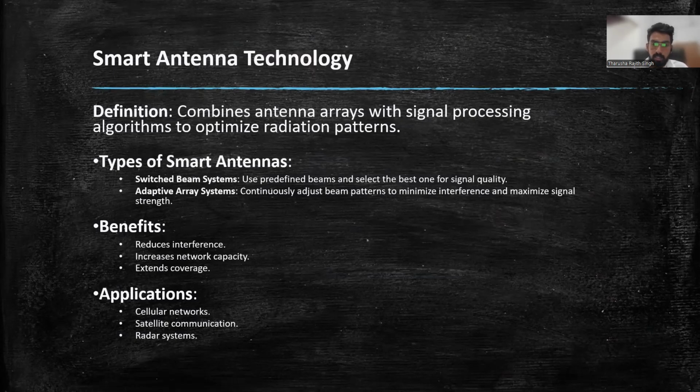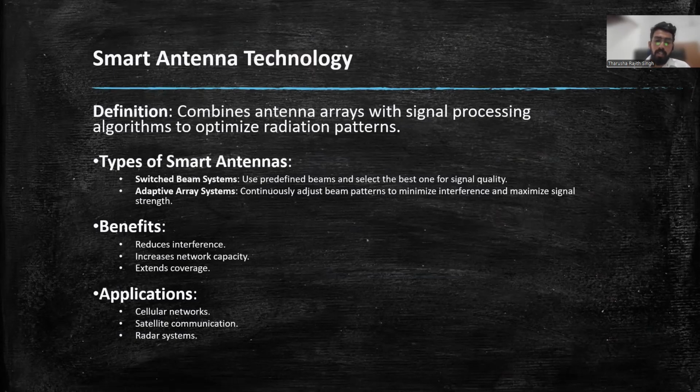So smart antennas are classified into two main types, which are switched beam systems and adaptive array systems. The benefits of smart array antennas are that they reduce interference, increase network capacity, and extend the coverage.